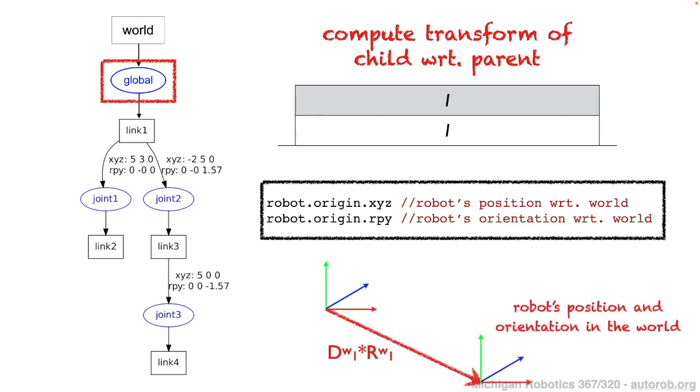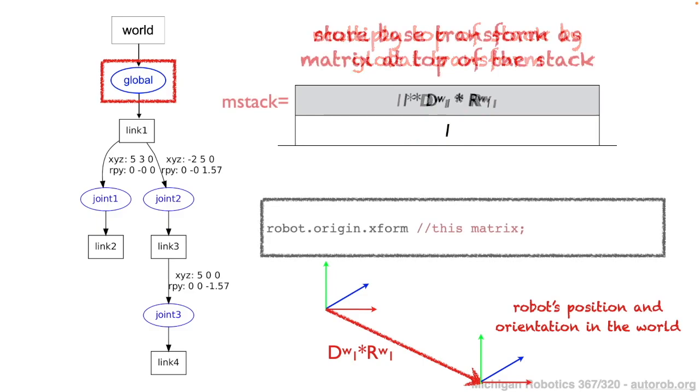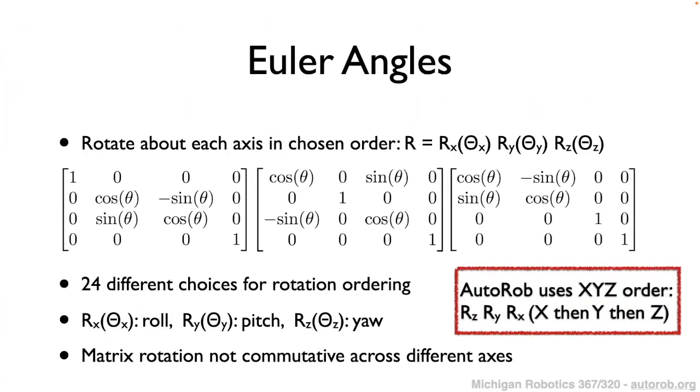Composing these two transformations together, rotation first and then translation, will give us the robot's position and orientation in the world. At this point, we can then multiply this new transformation with the top of the stack in order to arrive at the xform property for the robot. So we've now computed this, so we can store it into the robot origin.xform.